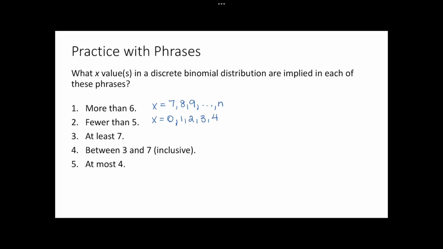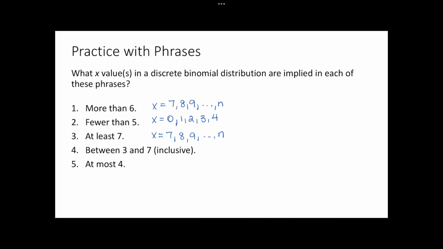I don't want to include 5 because it says fewer than 5. What about at least 7? When it says at least 7, that means I'm going to include 7 as my smallest possibility, and then I want to list everything greater than 7. So 7, 8, 9, all the way up to n.